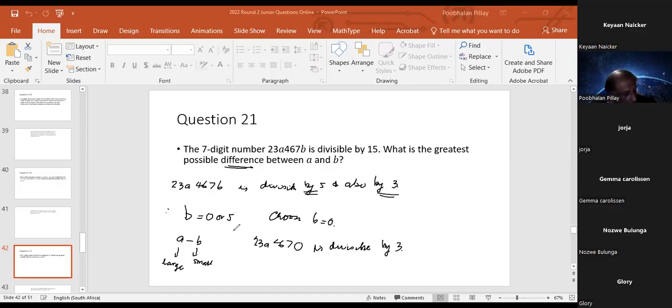Now, you should know that for 3 to go exactly into a number, the sum of the digits is a multiple of 3. So you add all these digits, 2 plus 3 plus A. I can go into the next page because I do have space.